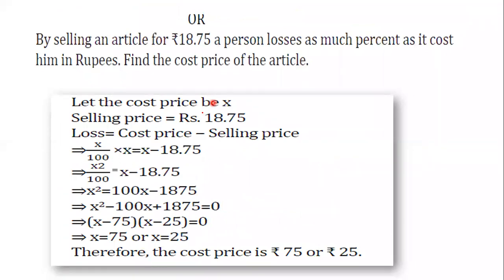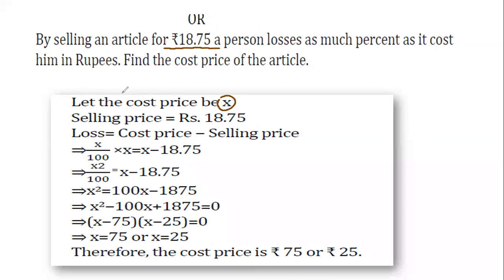Yes, this is also a very important question. Selling an article for rupees 18.75, so the selling price is 18 rupees 75 paisa. A person loses as much percent as the cost to him in rupees. I don't know the cost price, so let us write cost price is x.